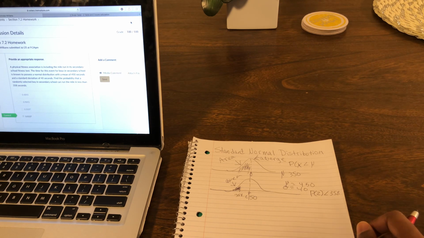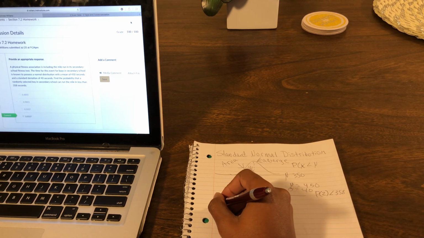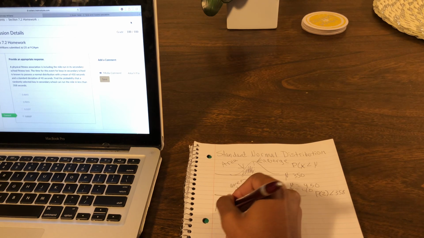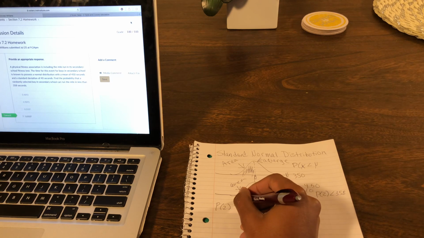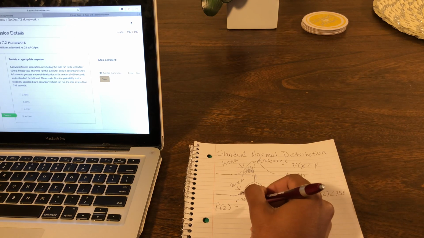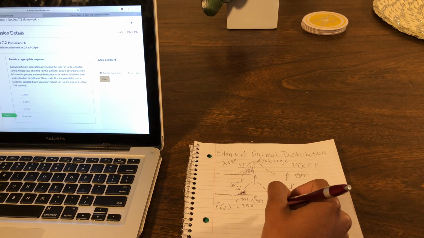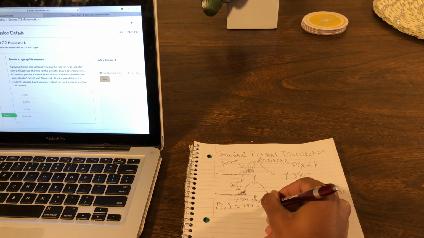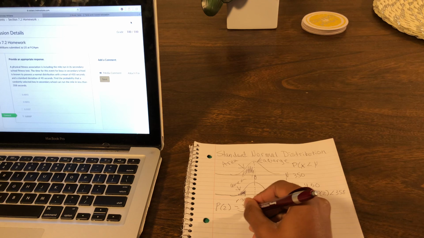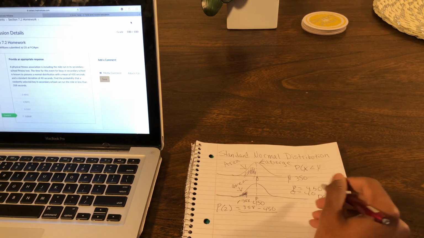So things you need to know. The probability of Z is going to be equal to your random variable, which would be 358, minus your mean, which would be 450, over your standard deviation, which was given as 40.